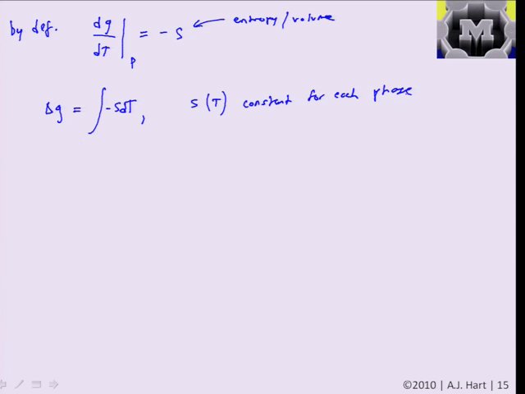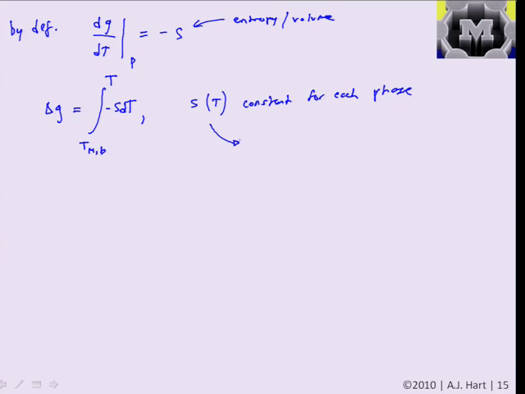And if we want to define some limits here, let's define the limits as the bulk melting point, so the temperature at which the bulk solid melts, which we'll call T sub mb, and a temperature T, which will be the temperature that we're operating at. We're going to end up solving for this T, and this T is going to be the temperature at which the nanoparticle melts.